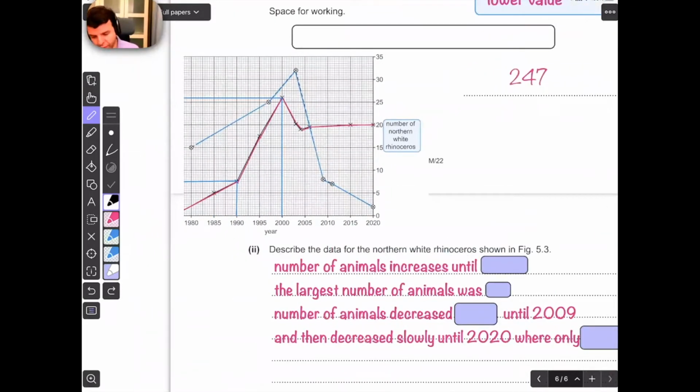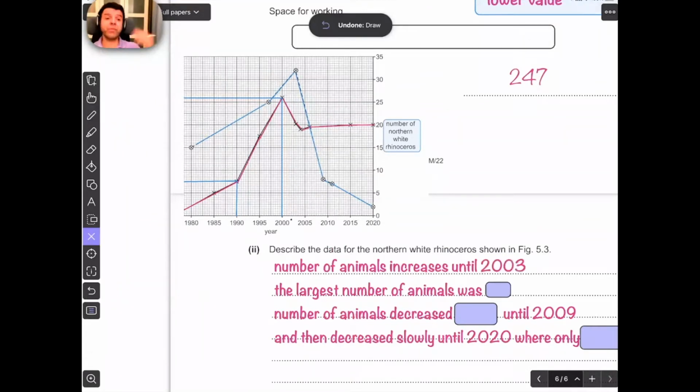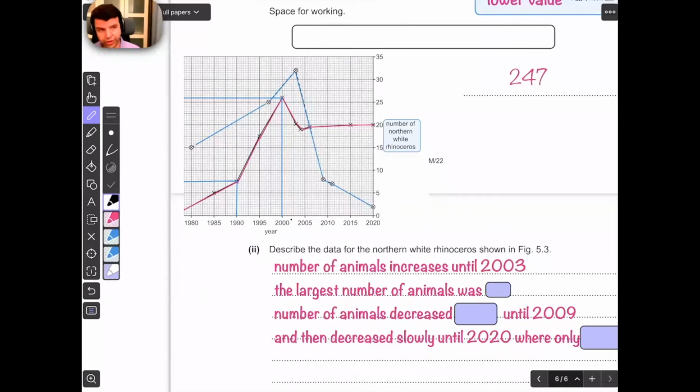So again, the number of this animal increases until when? It increased all the way until this year. Do you see that year here? That's like 2003. And then from there onwards, it was decreasing. So we had a decrease. It was like a rapid decrease. After that maximum number, what was the maximum number we got there?